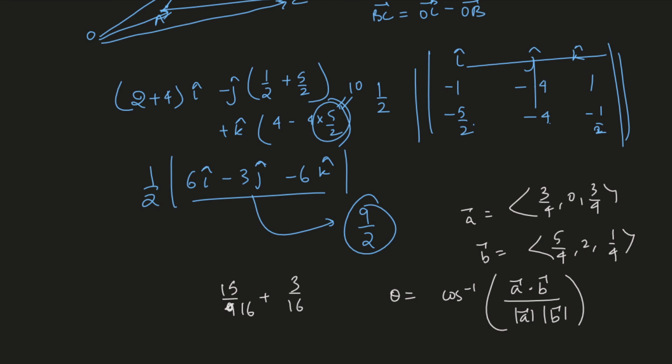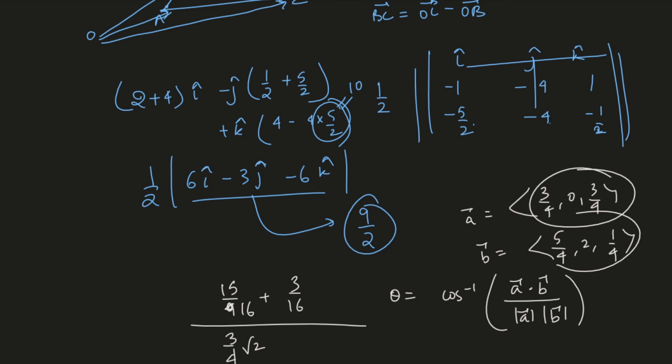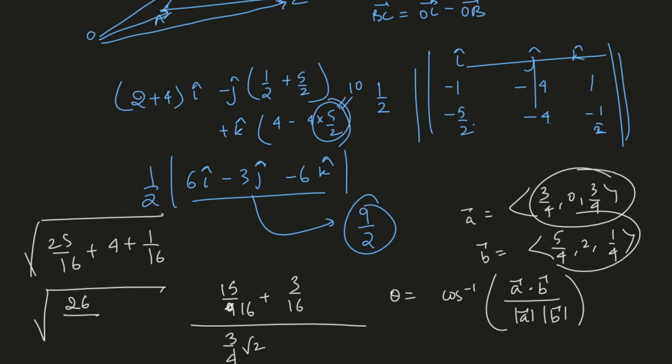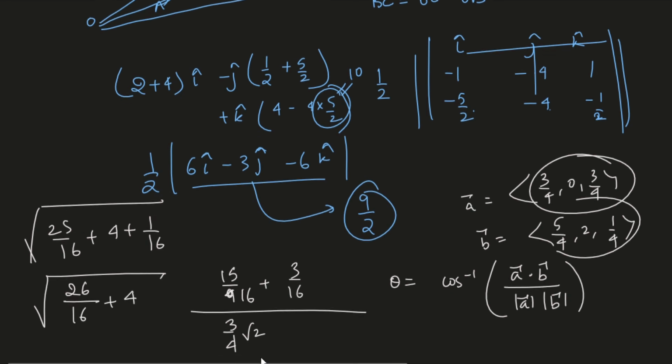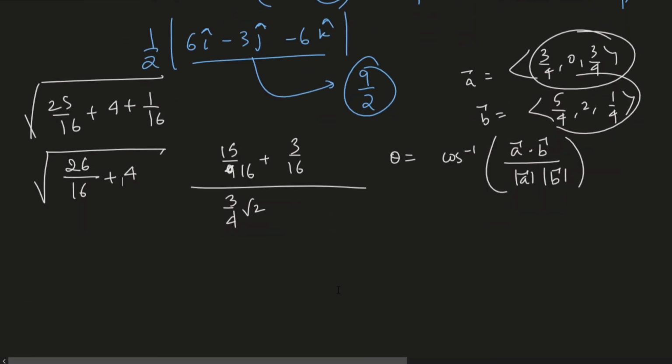The 0 into 2 does not factor in. And this is divided by the magnitude of vector A, which is 3/4 √2, and the magnitude of this thing right here is 25/16 plus 4 plus 1/16, all of this under the square root. This gives us 26/16 plus 4. Now this does not look like a likely contender, but still, let us just try to solve it.